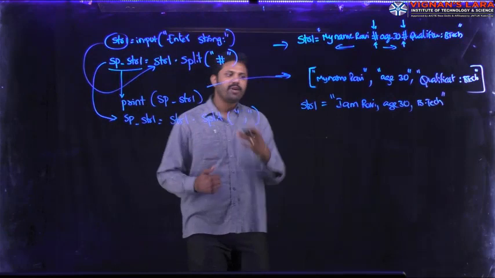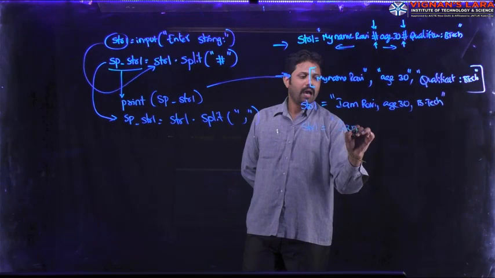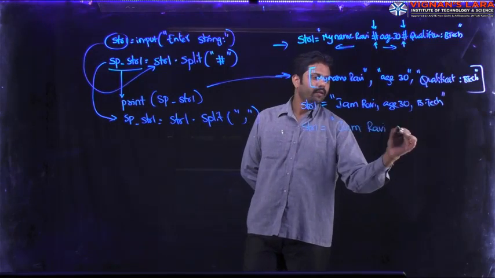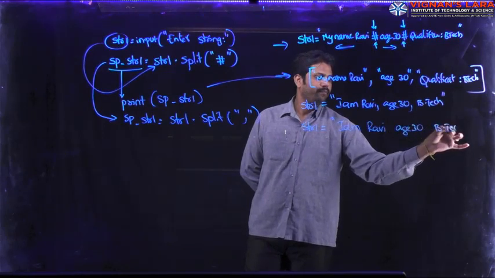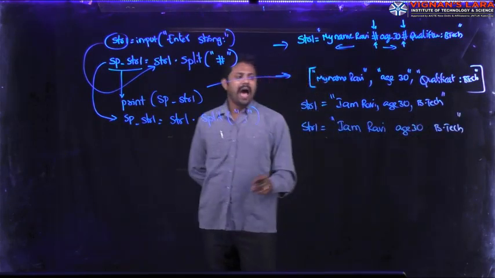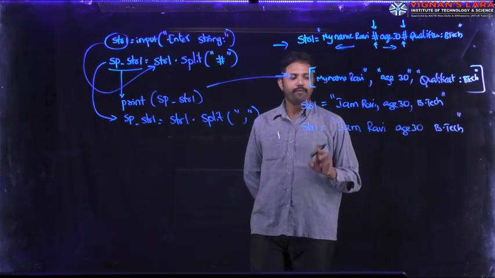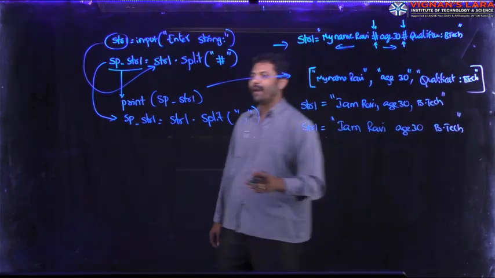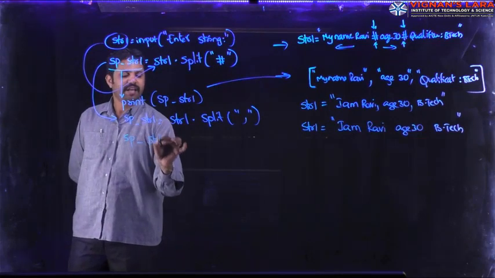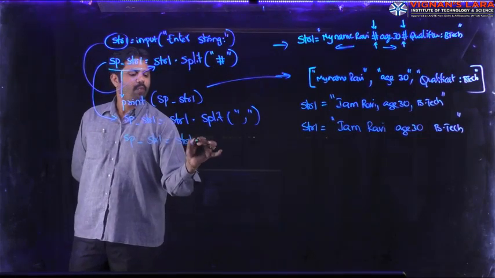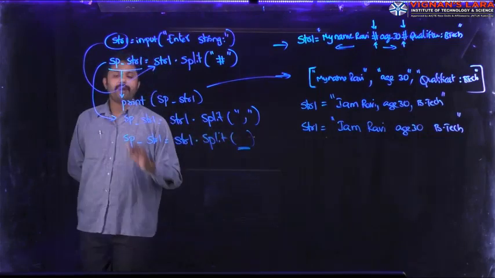Now let us take one more. str1 equals I am Ravi, age 30, BTech. Now this is my string. Observe here white space is my separator. If you want to take white space as a separator, you simply write the statement str1 equals str1 dot split. You just make this input empty.